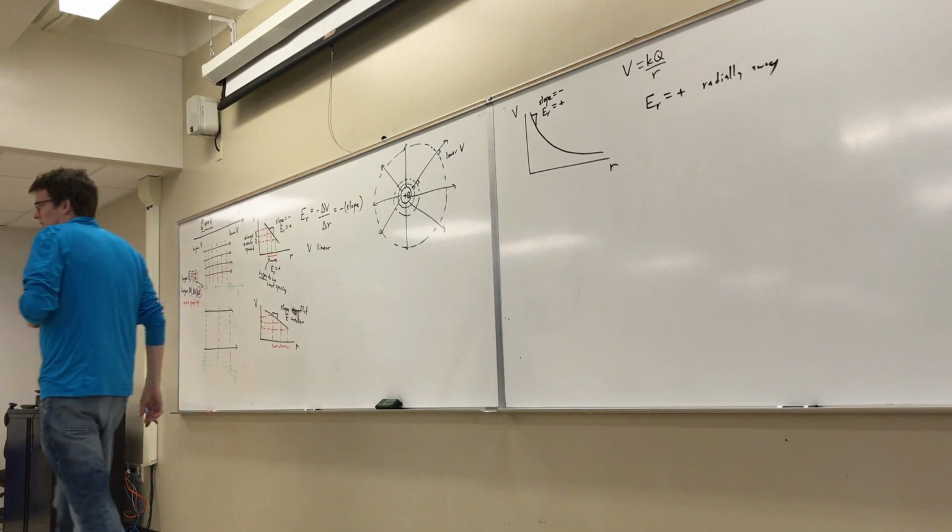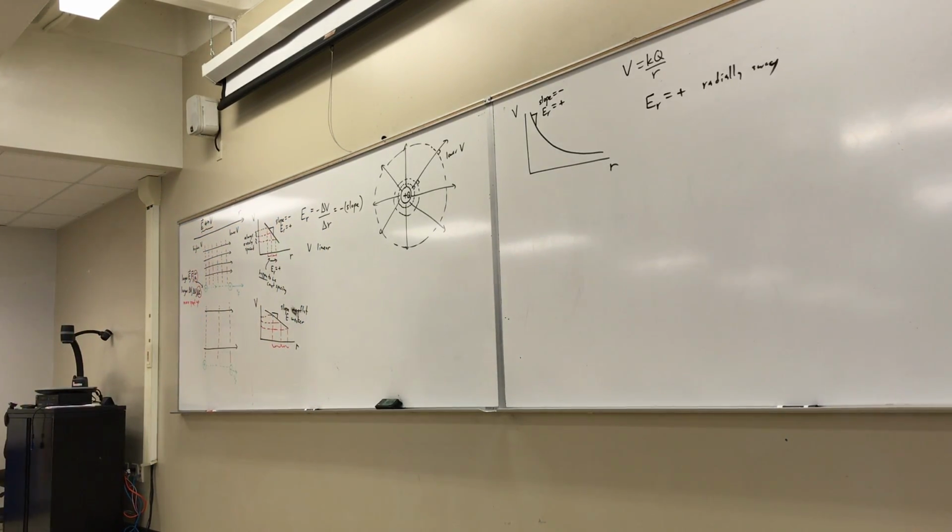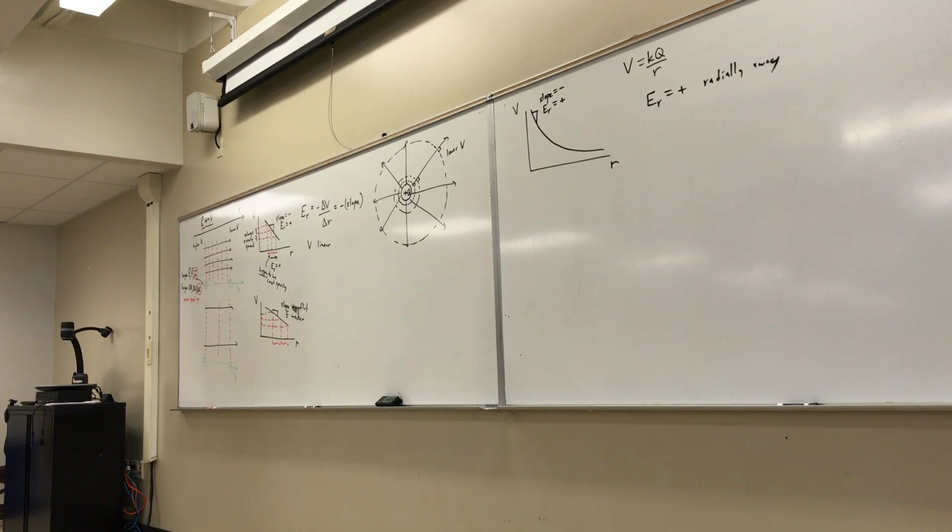So the r axis is basically going away from the charge. And again, we already knew that. We already knew that the electric field points radially away from a positive charge, but it's nice to see it on the graph, right? It's literally the slope of the voltage graph.